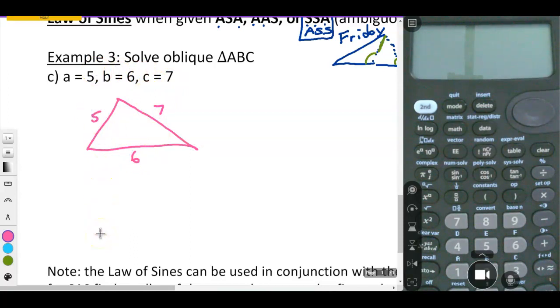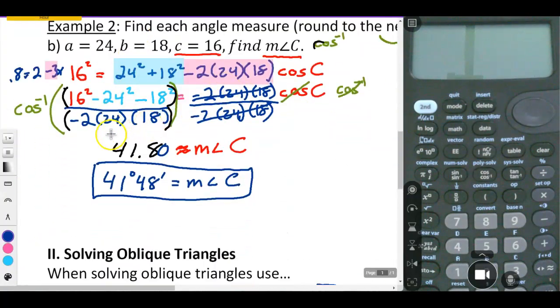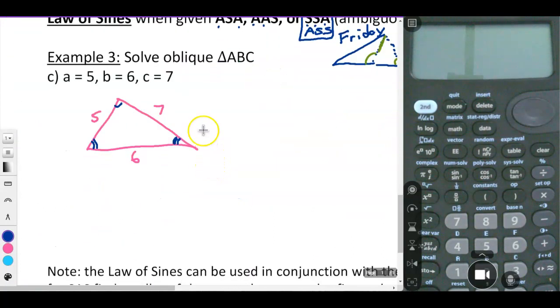Now, one little detail here: there is a correct one to figure out first. You need to find all the missing angles, right? That's what it means to solve. So we have 3 sides already, and we have to find 3 missing angles. With the law of cosines, you can do that, right? That's what we just did here. We had 3 sides, find the missing angle. But you have a choice of which one you want to find.